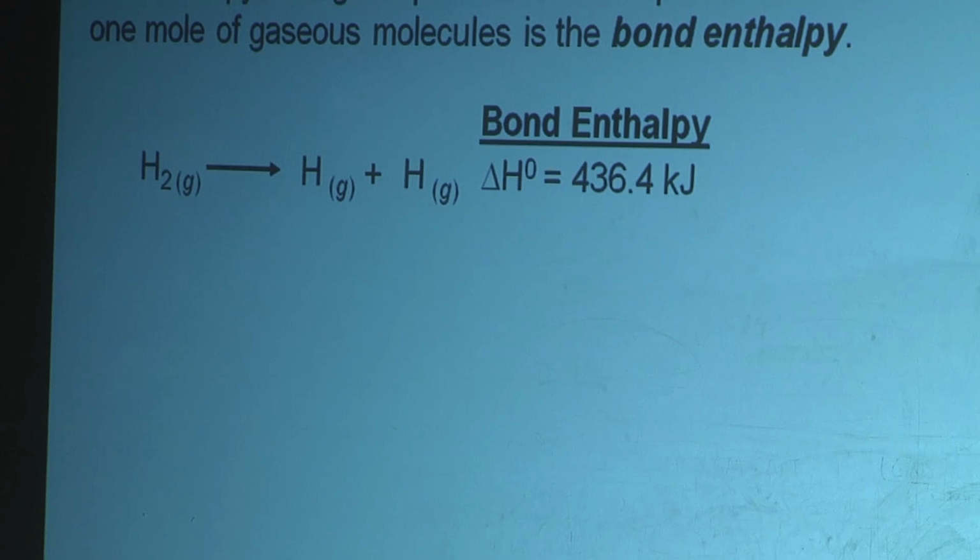So 1 dozen molecules makes how many dozens of atoms? You said 24 atoms. How many dozens is that? 2. So 1 dozen molecules makes 2 dozens of atoms. Good. 1 mole of molecules makes how many moles of atoms? 2 moles.